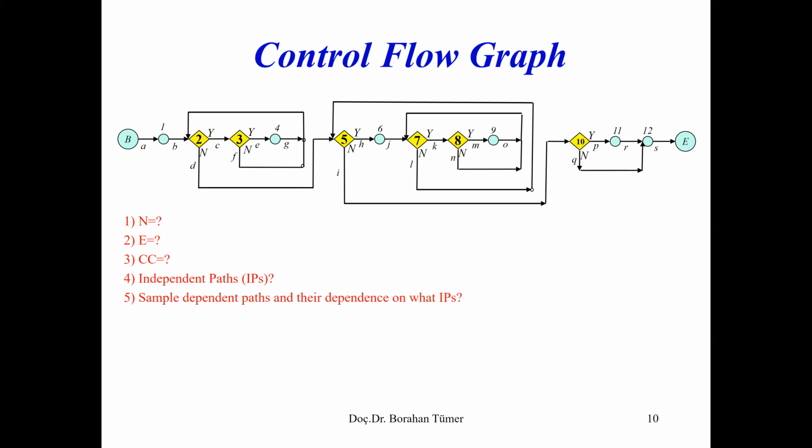Okay, as you know, the cyclomatic complexity formula is the number of edges minus the number of nodes plus 2.